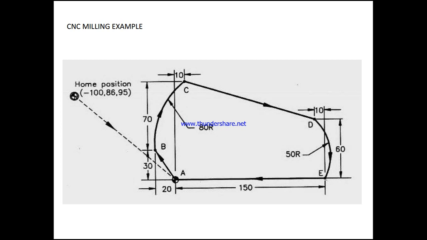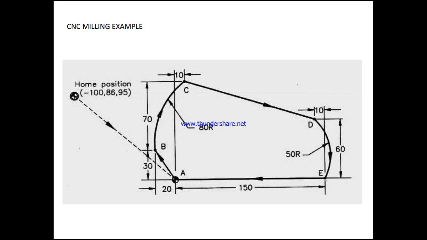So N25, where Z is 12.5. So it has to move here. And N30, feed to Z minus 12.5, and feed rate of 150 mm per minute.